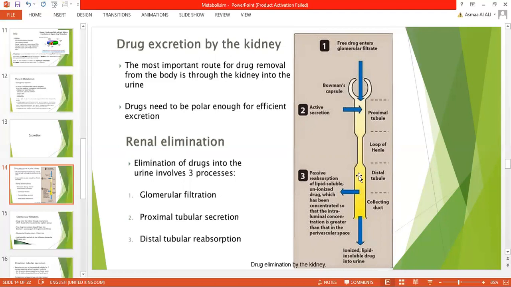This is the loop of Henle, and this is the distal tubule. So the excretion of the drug through the kidney will pass through these parts of the kidney, which undergo glomerular filtration, proximal tubular secretion, and distal tubular reabsorption.